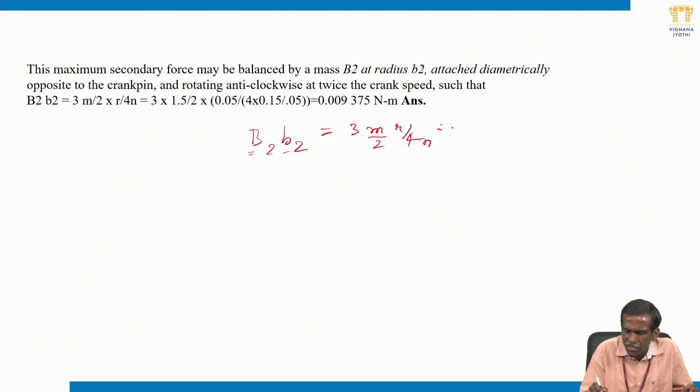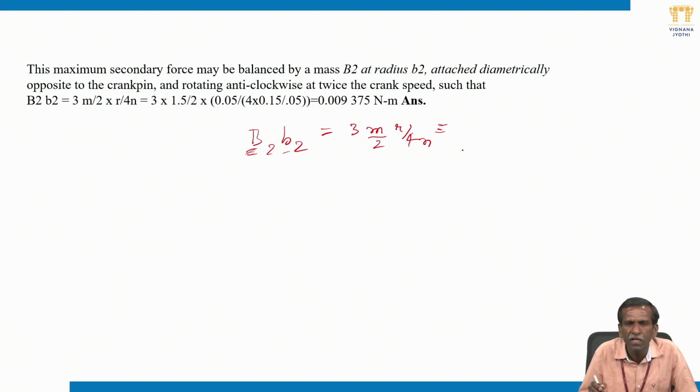So you will get this value of B2. What we need to understand is that here we generally said m by 2 is attached to balance the total unbalanced force, primary or secondary. If you want to consider the crank with the balancing mass attached at some other radius, then the mass needs to vary. That's why this product is calculated.